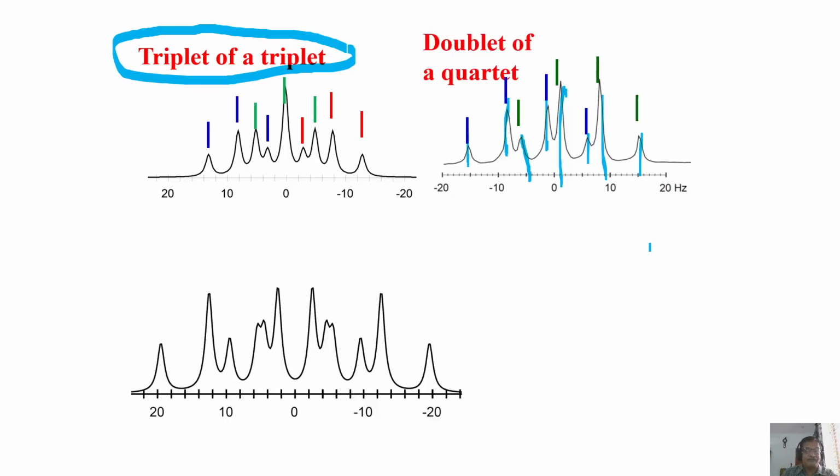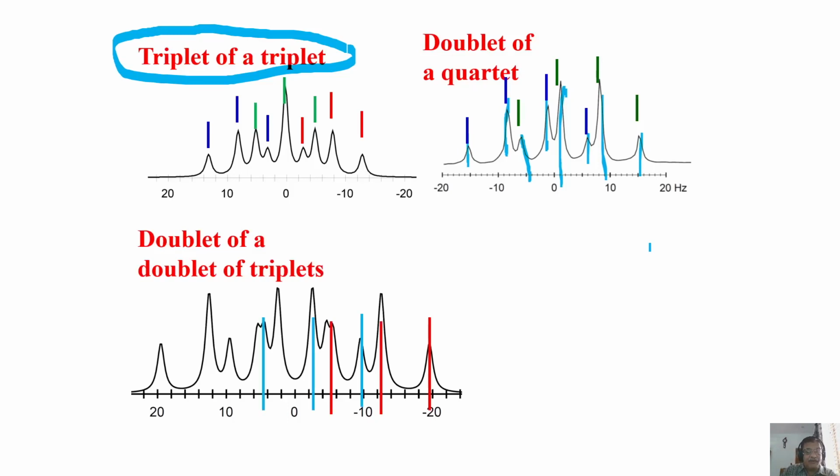A bit complex. You must try to understand these things because I have deliberately taken a lot of examples for you to understand. This is doublet of a doublet of triplets. How? One triplet, and one triplet, and one triplet. It is doublet of triplets. Two doublets will be there, and then each line of the doublets will be triplets.